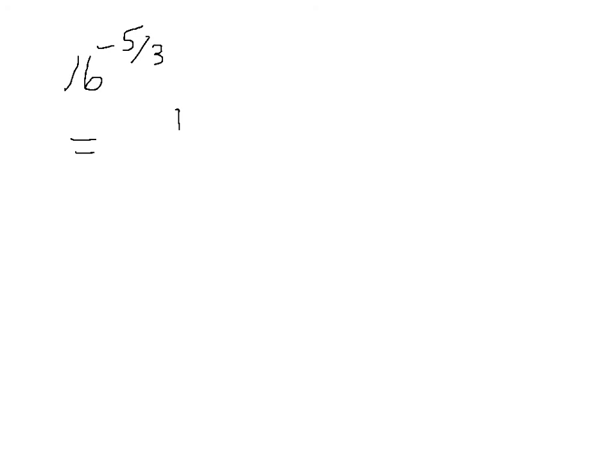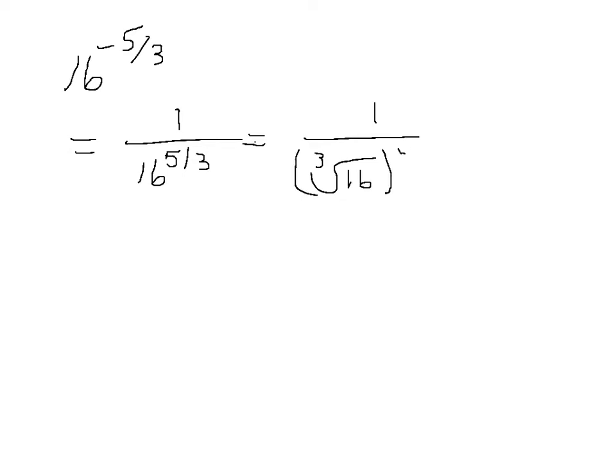What that means is 1 over, that's what the negative means, right? 16 to the 5/3, which is 1 over the cube root of 16 to the 5th. Keep going. 1 over the cube root of 16. Well, 16 is 8 times 2, right? So that cube root of 8 is a 2. So this is 2 times the cube root of 2, raised to the 5th.